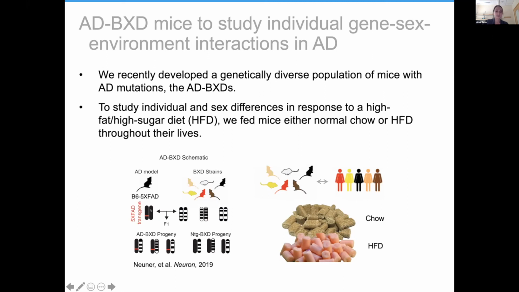So what we get is expression of these Alzheimer's mutations against a genetically diverse background. These function as a really good model of the phenotypic and genotypic heterogeneity that we see in the human disease. I'm using these mice to ask what genetic variants might be contributing to a variable response to high-fat diet in the context of the disease.